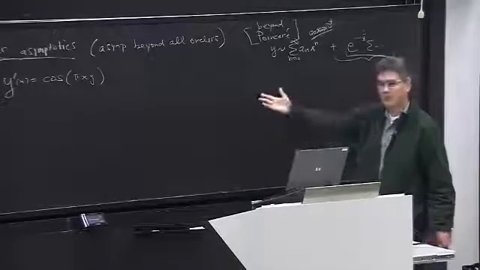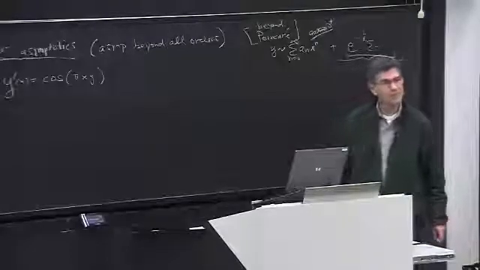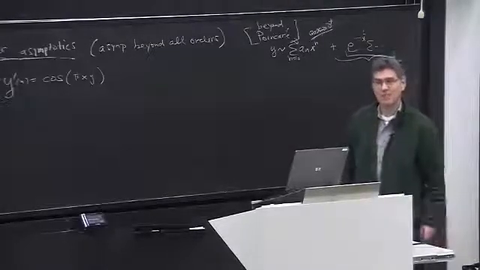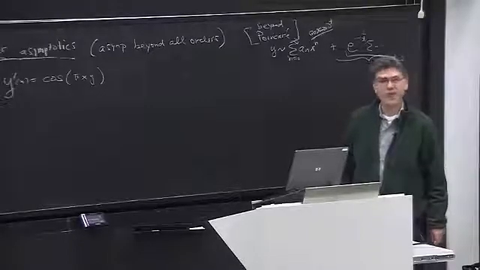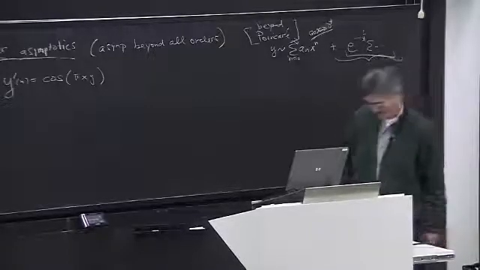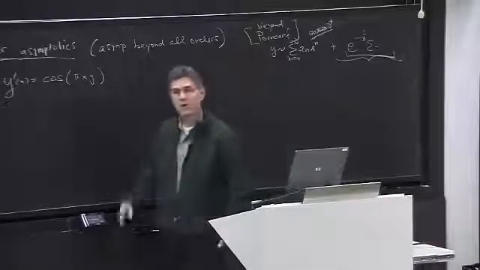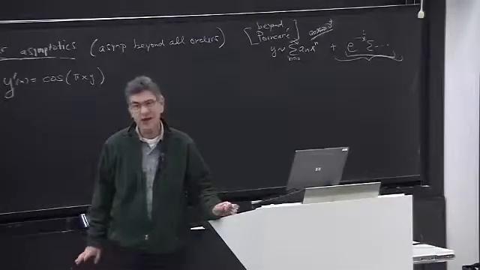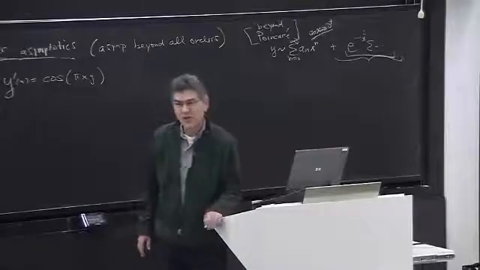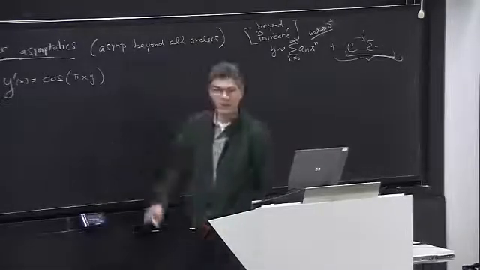This is a first-order equation. How do you solve it? Forget it. You can't solve it. This is much too hard to solve. Differential equations, in general, cannot be solved. Even first-order differential equations, if they're nonlinear, you can't solve.